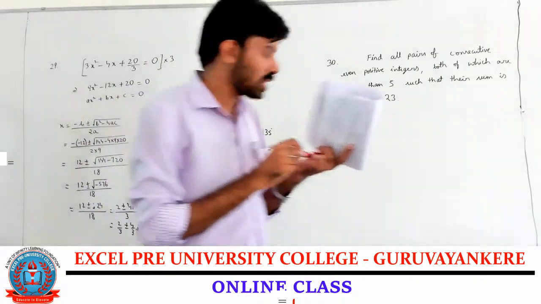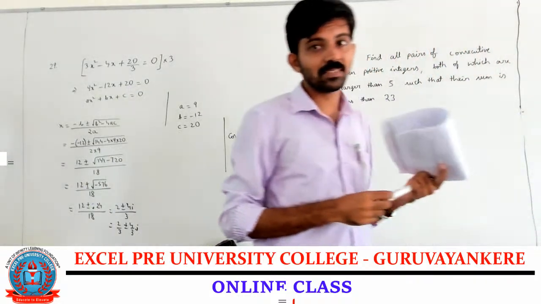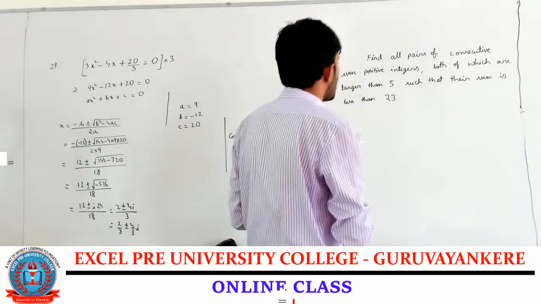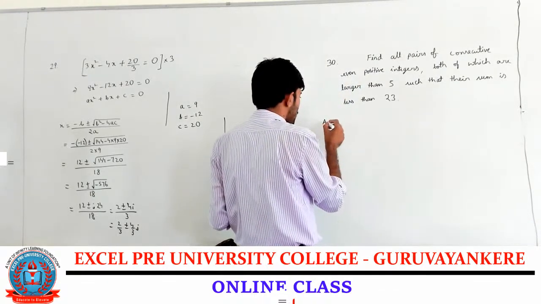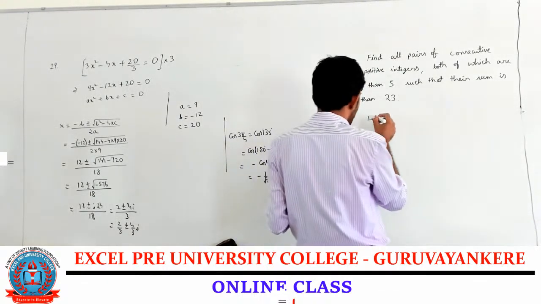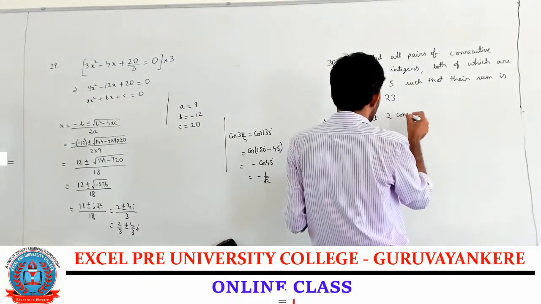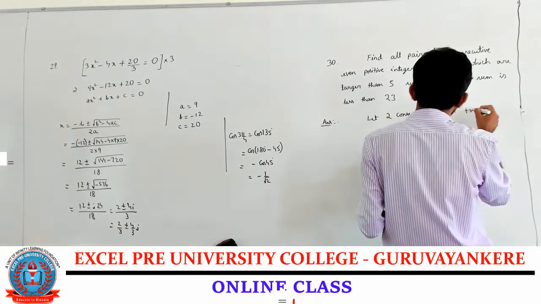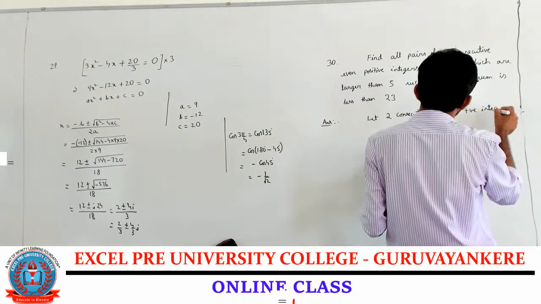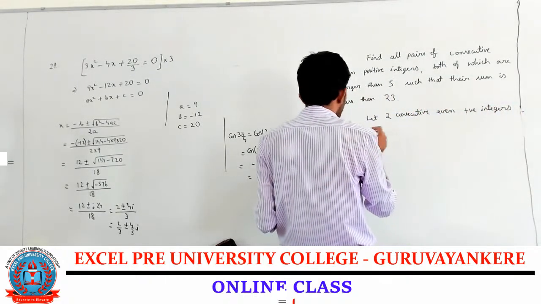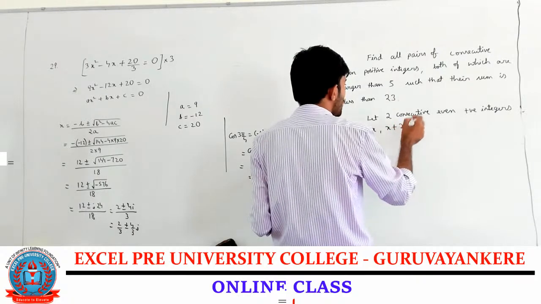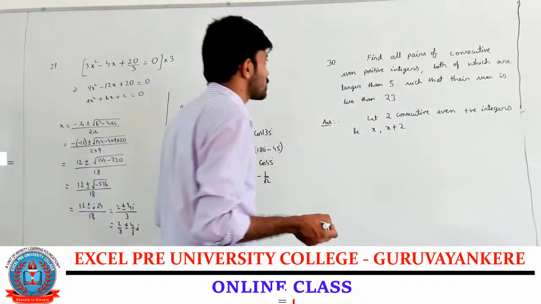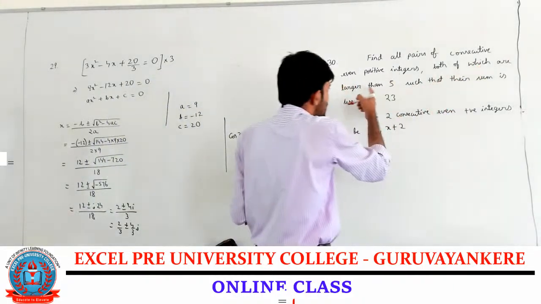Define all pairs of consecutive even positive integers. Any two consecutive even positive integers differ by 2, correct? So take x and x plus 2 as the two consecutive even positive integers. Let the two consecutive even positive integers be x, x plus 2, both of which are larger than 5.